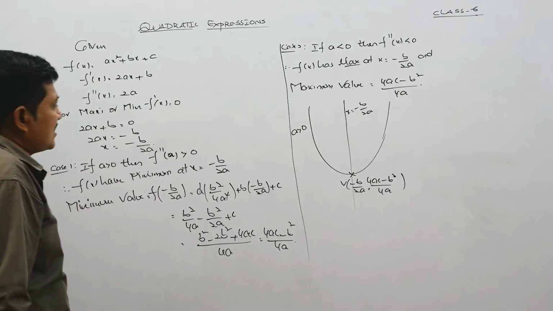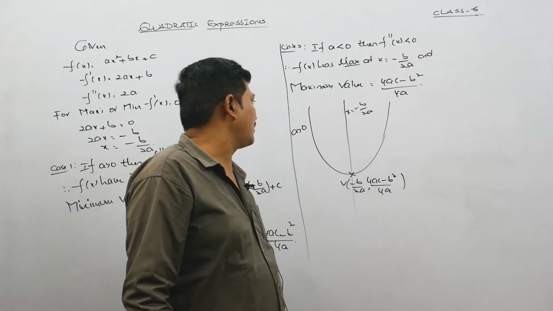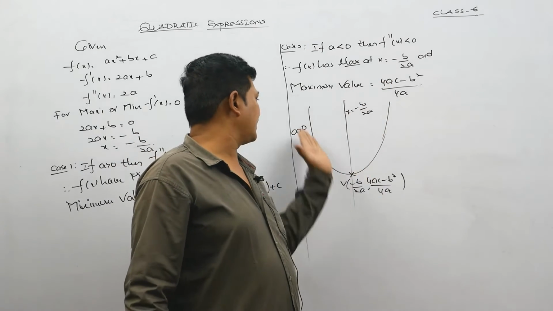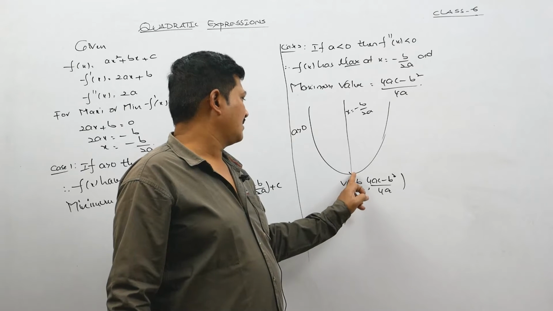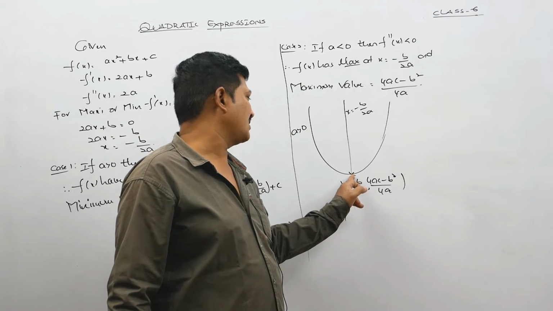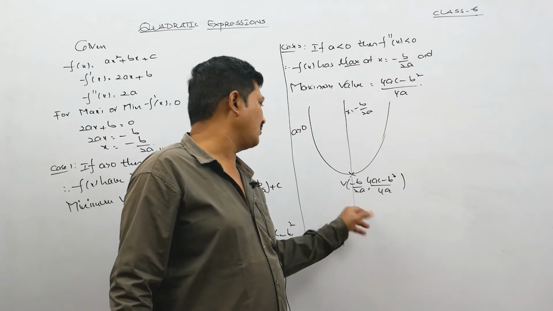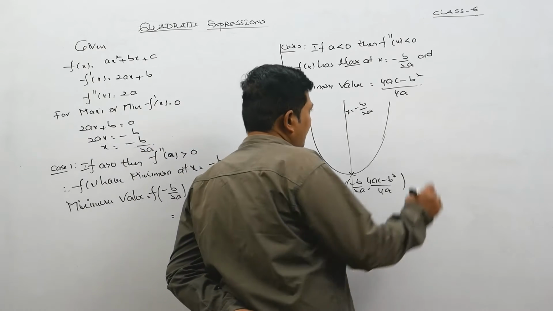We can understand from the diagram also. Look at the parabola, which is symmetric about this line x is equal to minus b by 2a, and this curve is continuously increasing on one side. So this is the only minimum value, the least value you can see, and it is nothing but the vertex. So at x is equal to minus b by 2a, the minimum value is 4ac minus b square by 4a.